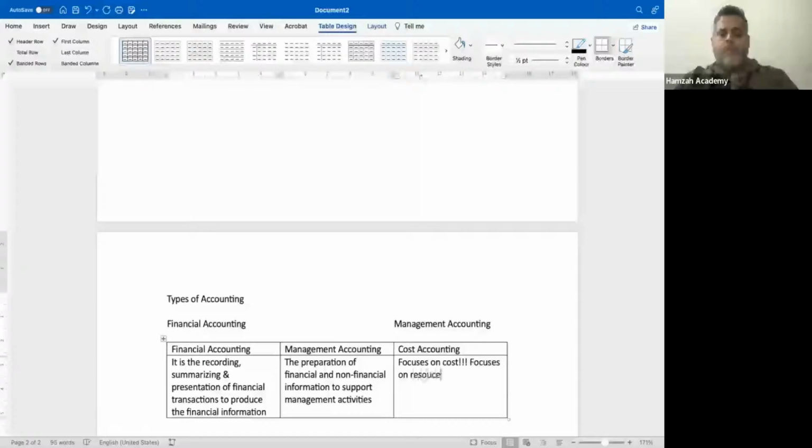on resource allocation and their relevant cost. It is a sub function of management accounting, right?